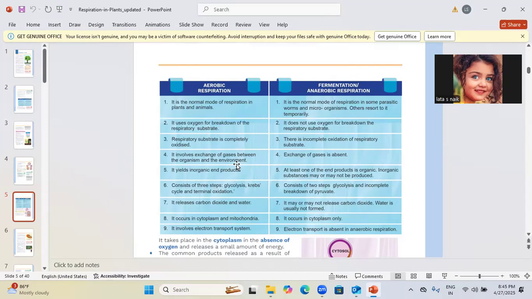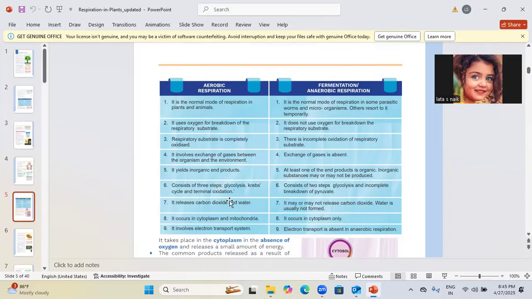Aerobic involves exchange of gases between organism and environment. In anaerobic, the exchange of gases is absent. Aerobic yields inorganic end products, carbon dioxide and water. Here, at least one of the end products is organic. Inorganic products may or may not be produced.